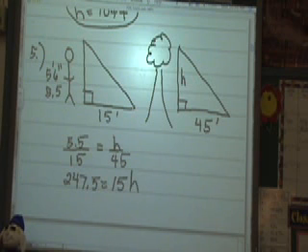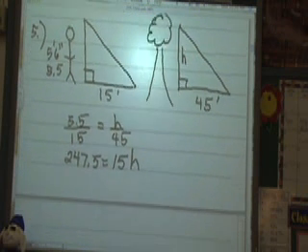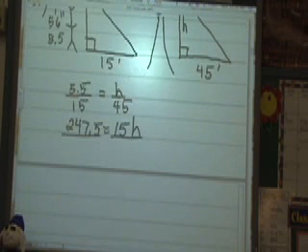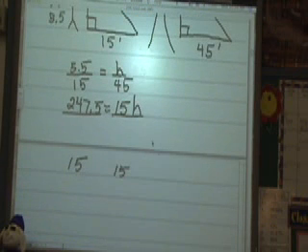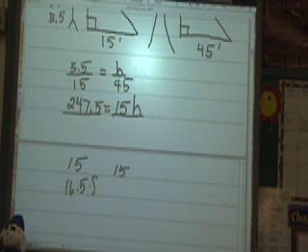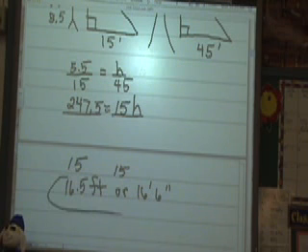Then do what? Divide by 15. And we find out the height of the tree is 16.5 feet, which is the same as 16 feet 6 inches, if you want to do it that way too. I'll take the 16.5.